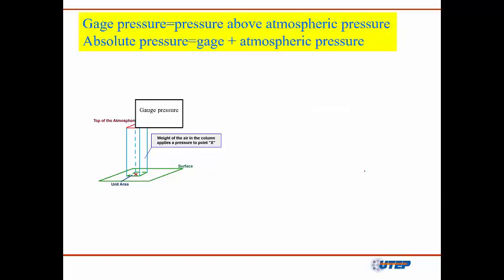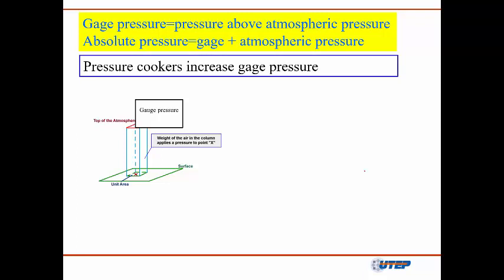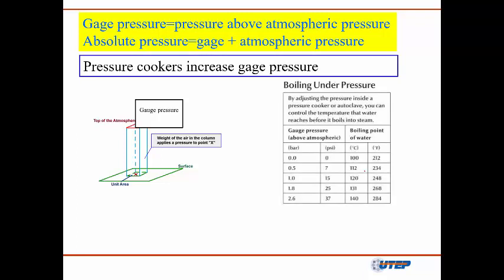Okay, so these concepts are really important. Just look and understand the relationship between pressure and temperature. Pressure cookers increase gauge pressure. So the gauge pressure is the pressure above atmospheric pressure. Whenever you have a gauge on a tank or something like that, what you're measuring is gauge pressure, because you want to make sure that the pressure is constant no matter what elevation you have.